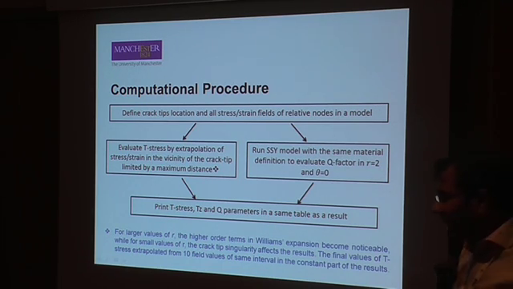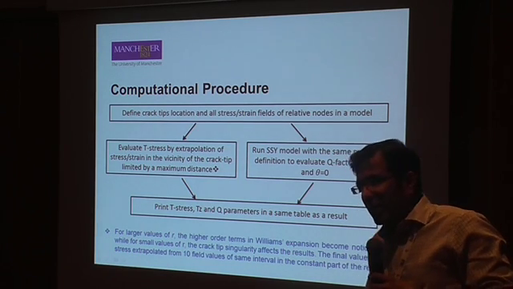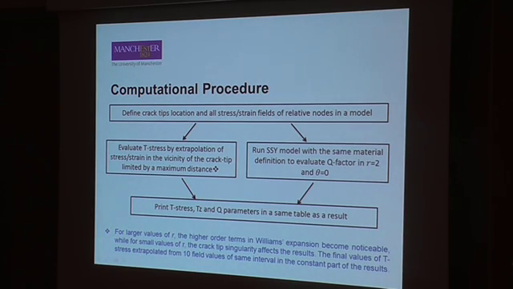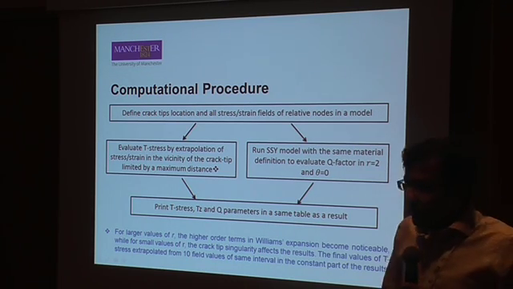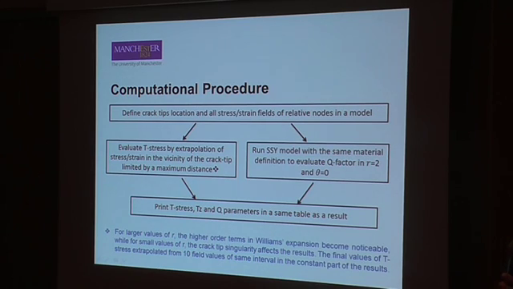The user can decide how many elements are needed, for example, one element, two elements, or so. For computation of Q, first the small scale yielding solution is run with the same material definitions, and then the Q factor can be computed based on the theta equal to 0 direction and r between 2 and 5.